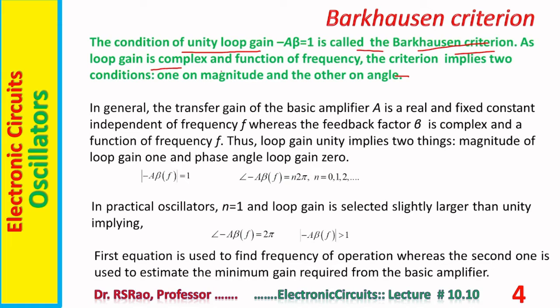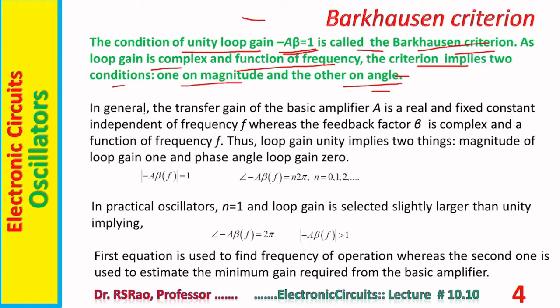As loop gain is complex and a function of frequency, the criteria implies two things, one on magnitude and the other on angle. A complex quantity always has two things associated with it. One is magnitude, another is angle. So a complex equation means two equations. One equation on magnitude, another equation on angle.